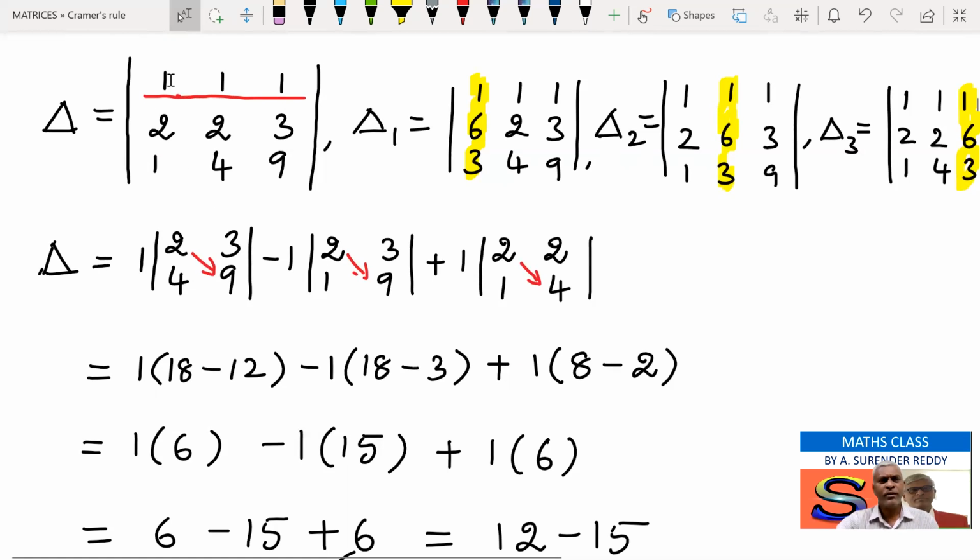We take the first element 1 into, except the two elements which are below the first element, and take the remaining 4 elements.